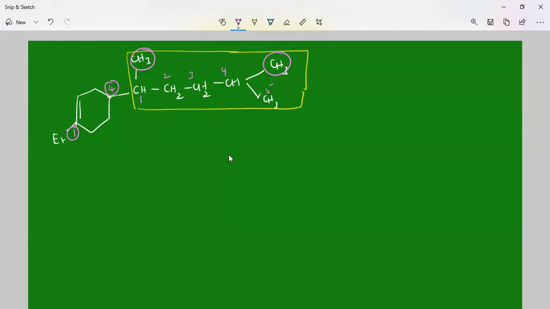In such a case, you can write this as 1-ethyl. On the fourth carbon the side chain is there, and that side chain nomenclature is 1,4-dimethylpentyl.